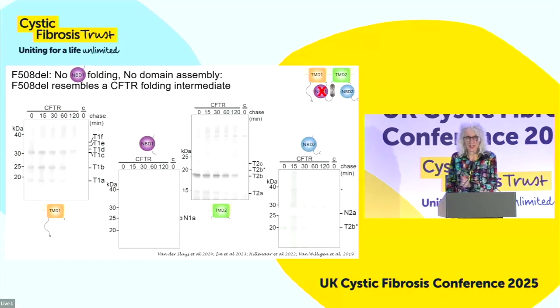I'm showing you the same gels, but now I'm blocking out the fragments that we are seeing in wild type, but we're not seeing in delta F. Basically, the delta F mutant looks like it is just an early folding intermediate that did not assemble the domains. So NBD1 is misfolded, we don't get domain assembly, we get degradation instead of transport out of the ER.